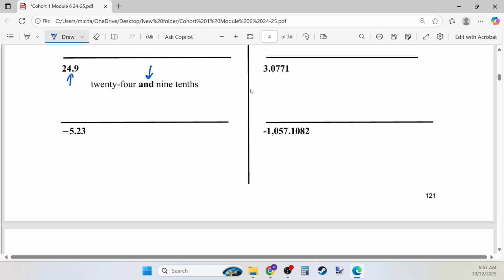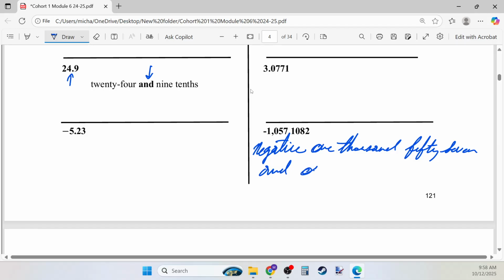This would be negative 1,057 and 1,002 ten thousandths.